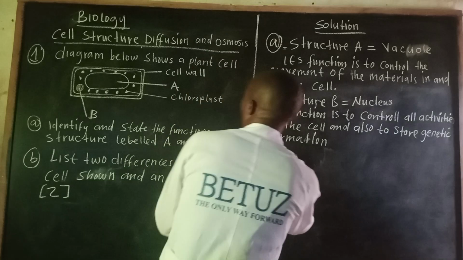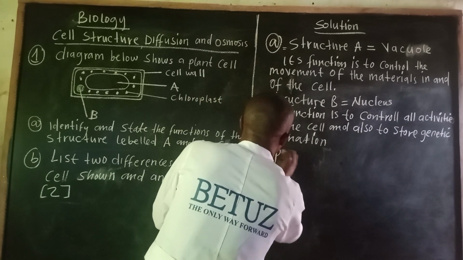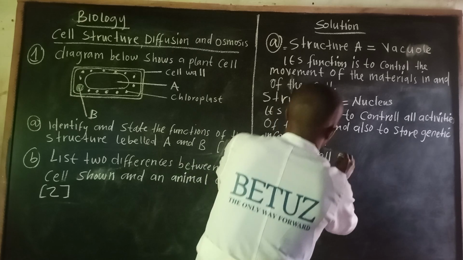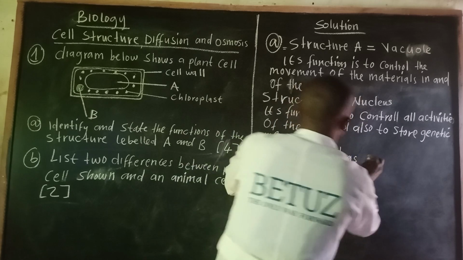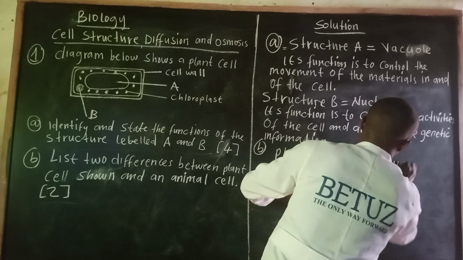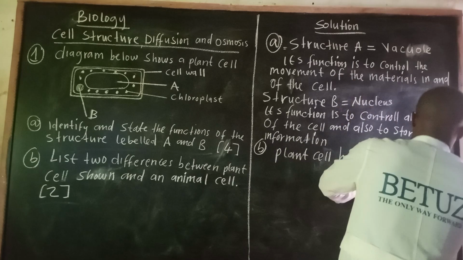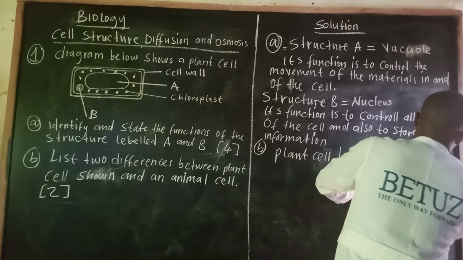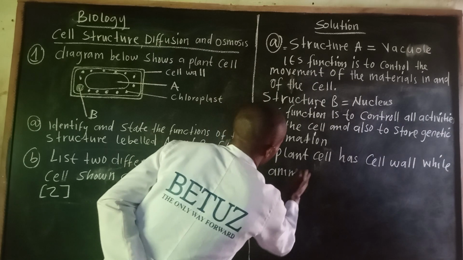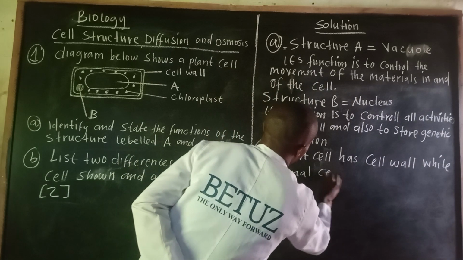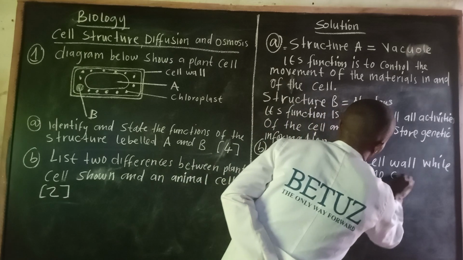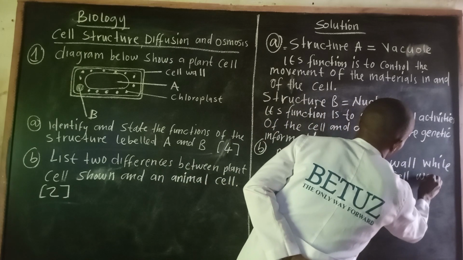So the difference is that the plant cell has a cell wall, while an animal cell has no cell wall.